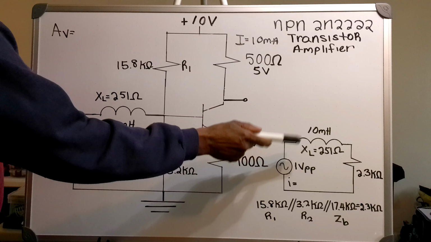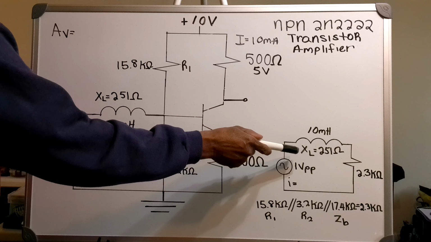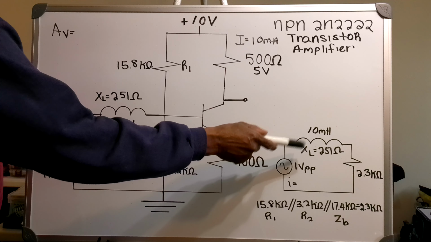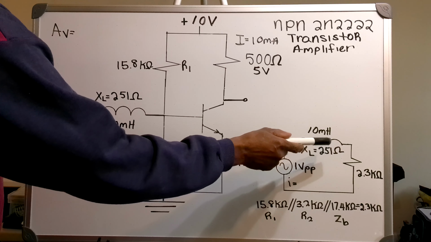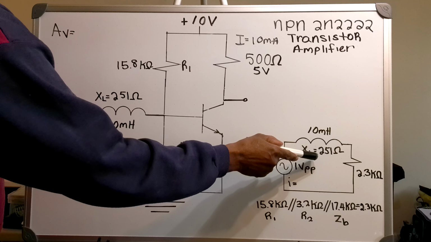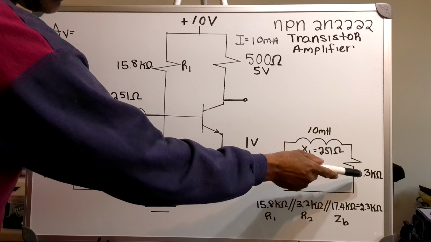Now to find my impedance, I must first find the total resistance of my XL and my 2.3 k ohm resistor.